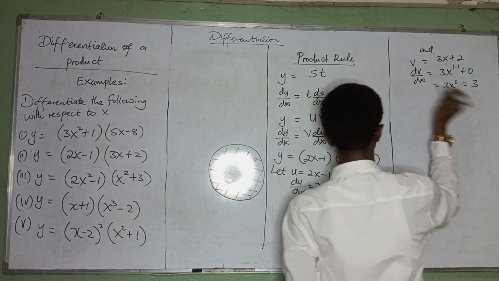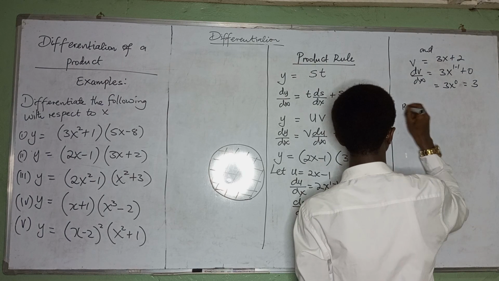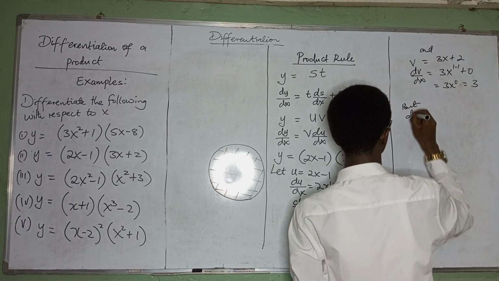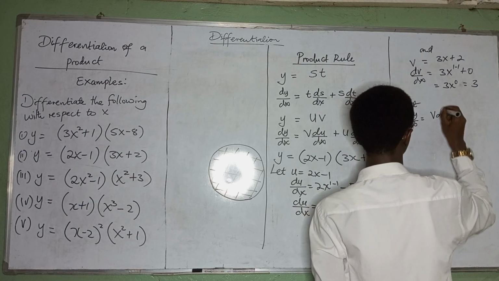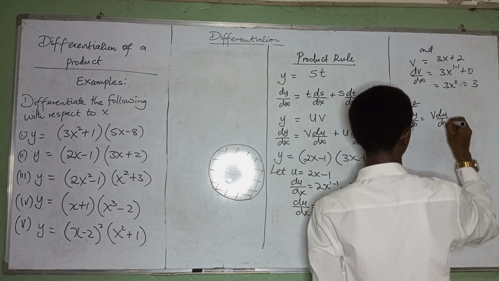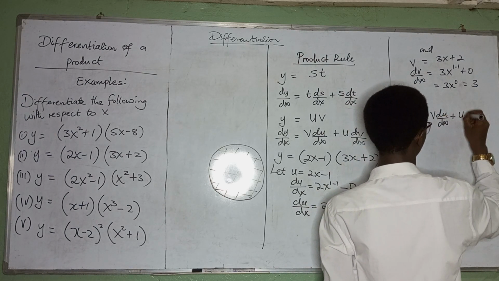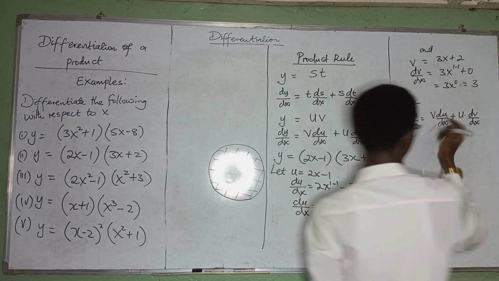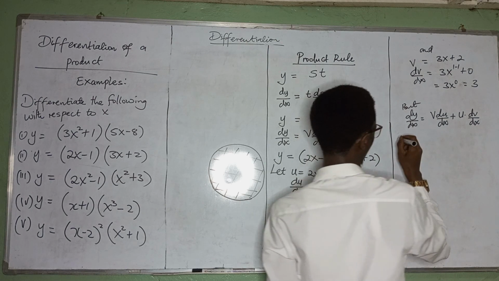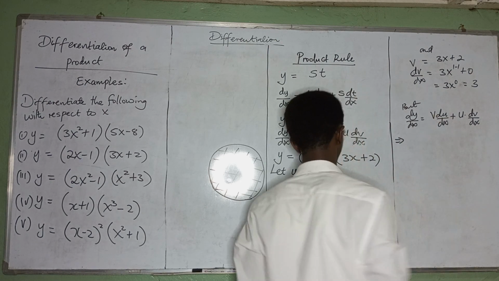Now from the product rule we say dy by dx equals v du by dx plus u multiplied by dv by dx. That's what this multiplication means. So what is your v?